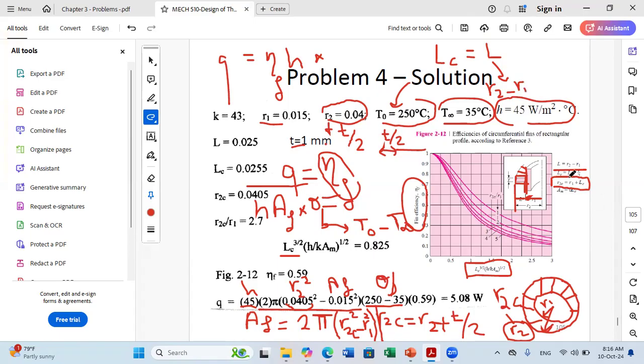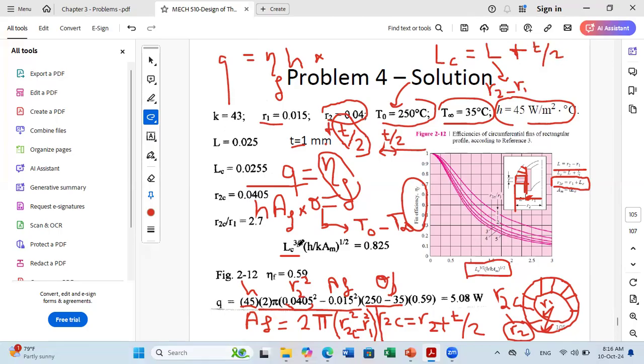And as we said, to correct it, we should add T over 2. It's L plus T over 2.